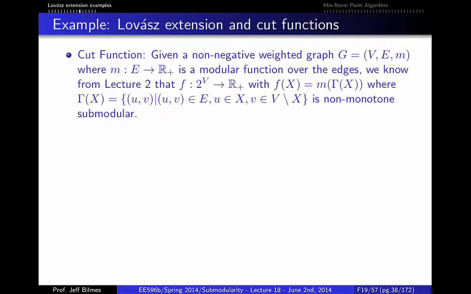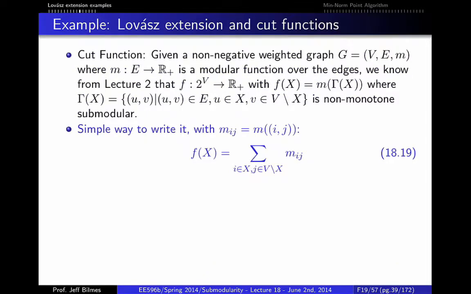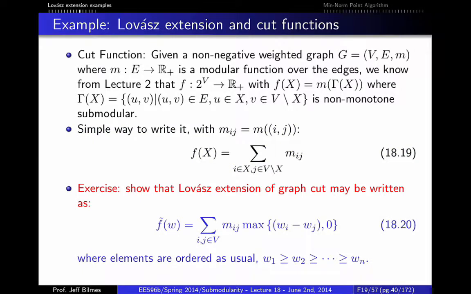Okay. Cut functions. I'm going to go through these fairly quickly. It's not immediately trivial to see that one can construct a very simplified expression for the Lovász extension. It takes a little bit of algebraic work, but you can do it, and in such cases you get very natural-looking functions.